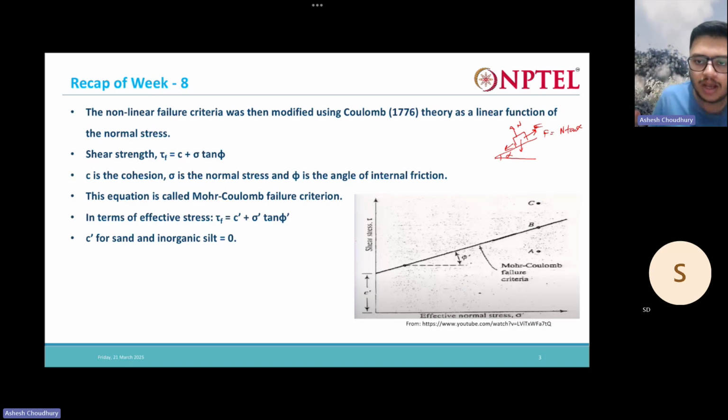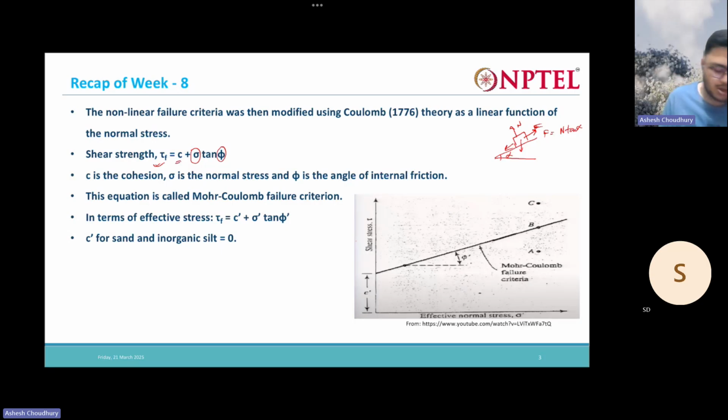Okay, Coulomb's theory. So this theory was used to propose something analogous to the Coulomb failure theory, where the shear strength, the shear stress at failure tau f, is a linear function of the normal stress. So this is my normal stress, sigma tan phi, where phi is my angle of internal friction. And what is C?